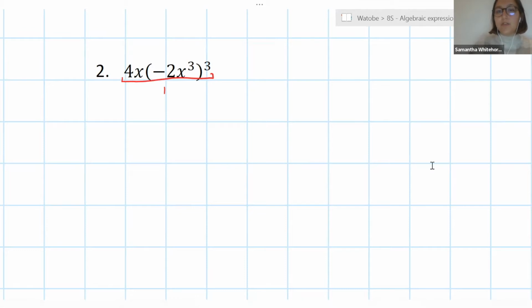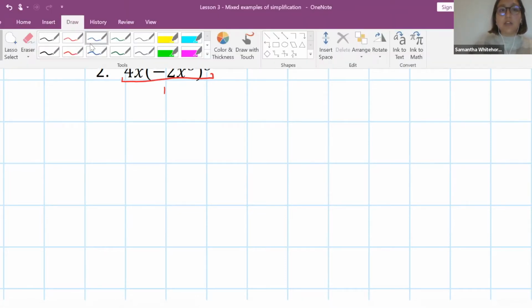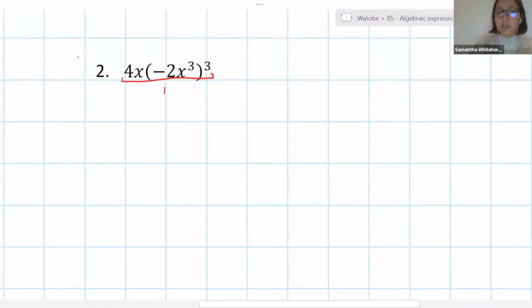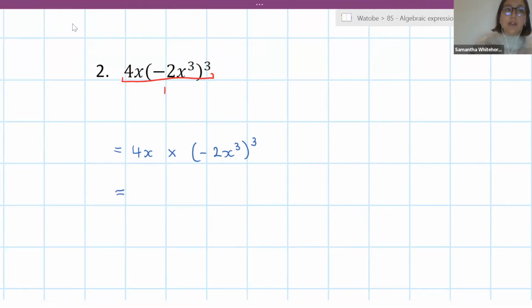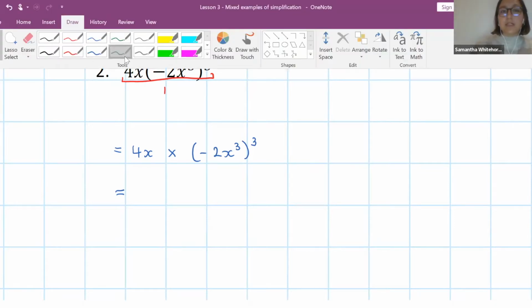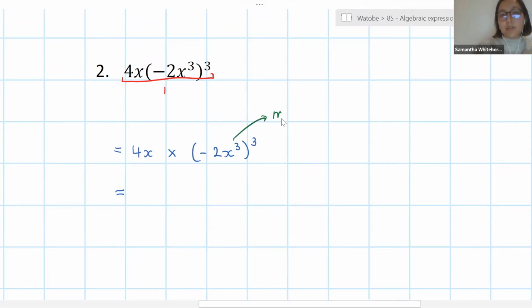So we're going to break it down for ourselves. And you are always welcome to break down a term if you need to, so that you can see what operations are happening. This term is saying to me 4x times the bracket minus 2x cubed. You can break this down even further, particularly if you're not comfortable with exponents. And you can say, all right, well, if I've got a bracket cubed, I know that this means I'm multiplying the bracket 3 times. So I'm multiplying that exact same bracket 3 times.